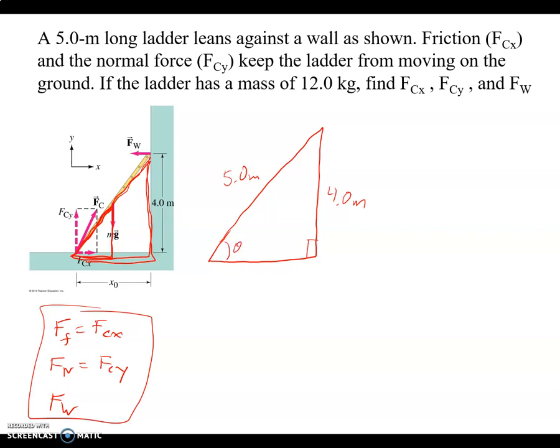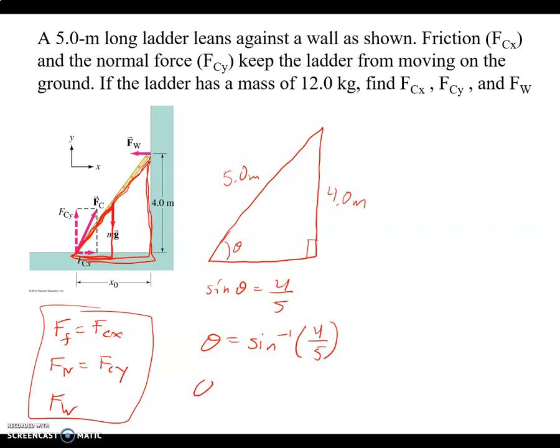We want to find this angle theta. And we know the side opposite, and we know the hypotenuse. Therefore, the sine of theta is going to equal opposite over hypotenuse. Therefore, your angle is going to be the inverse sine of 4/5. Plug that into your calculator: 4 divided by 5, take the inverse sine.